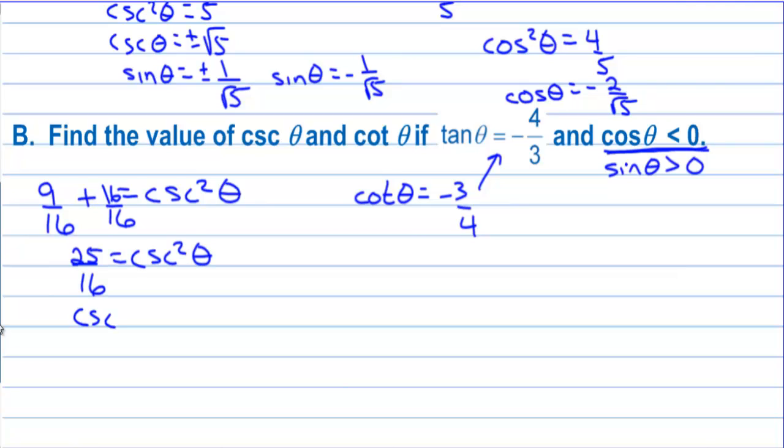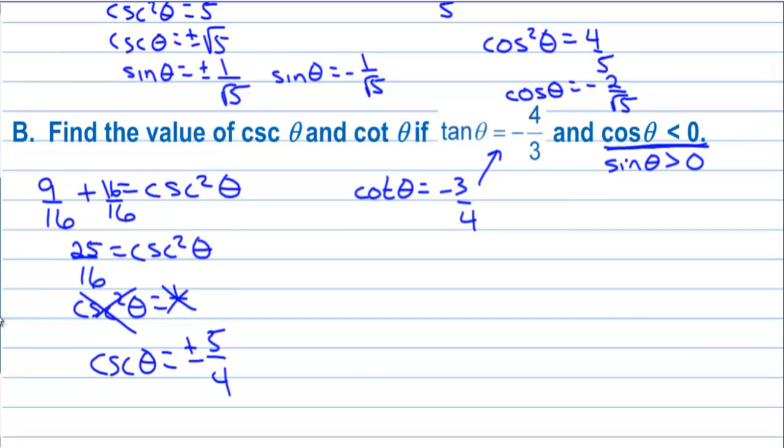So cosecant theta is equal to plus or minus 5/4. Now we have to choose whether that's a positive or a negative. Cosecant is the reciprocal of sine, and if sine is positive, then cosecant must be positive. So cosecant theta is equal to positive 5/4.